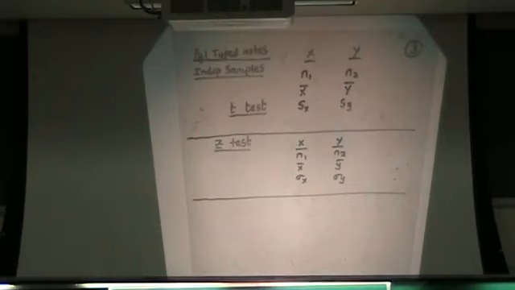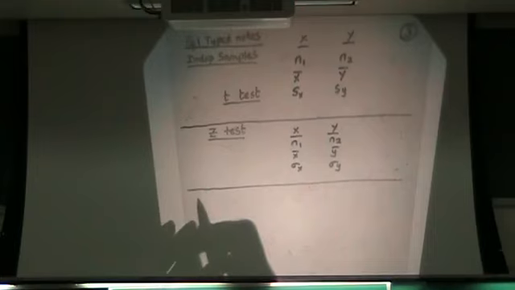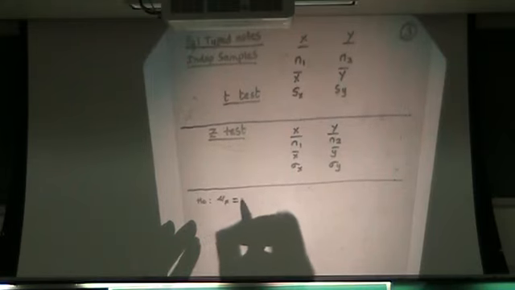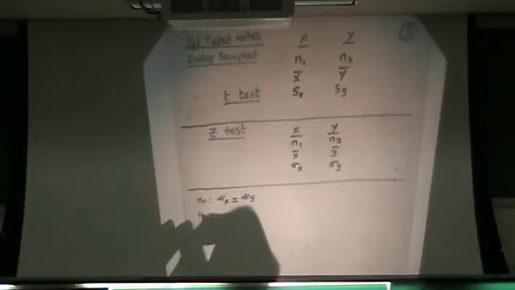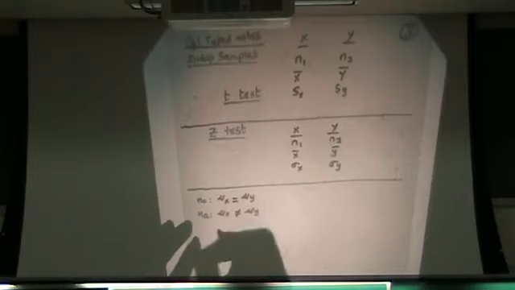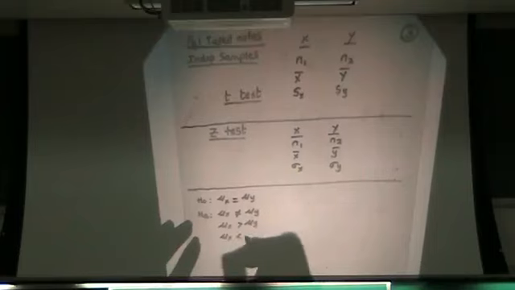So I'm on page B on the left-hand side still. So here it's going to look like what you see on page 1 of the typed notes. H naught mu x equals mu y versus HA mu x not equal to mu y, mu x greater than mu y, or mu x less than mu y.